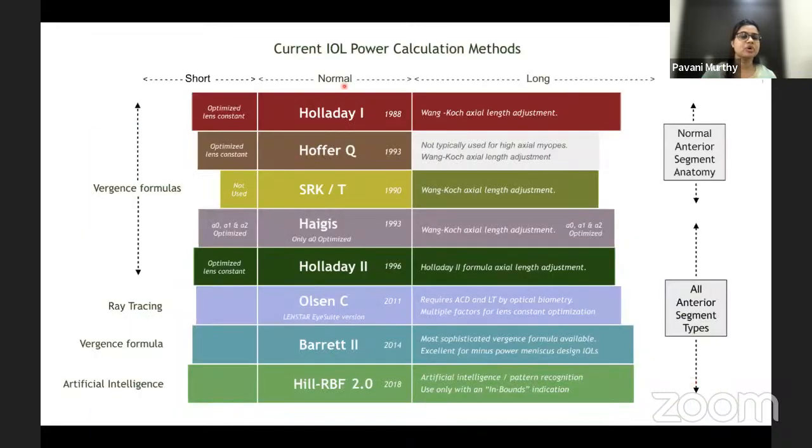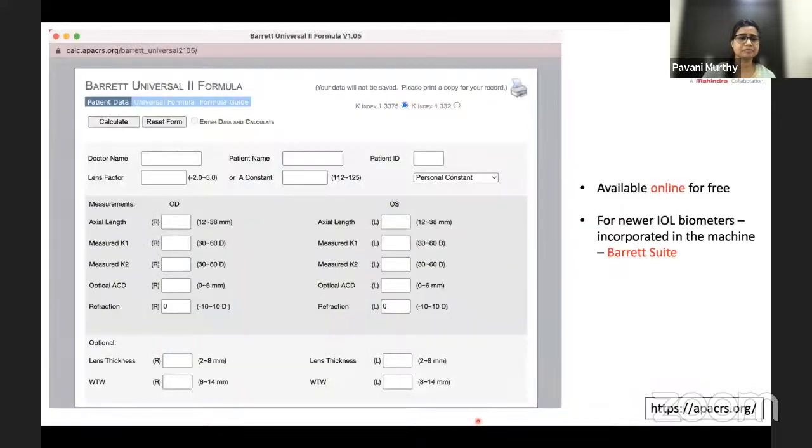Now, when you come to normal axial length, almost all the formulae give pretty good accuracy. But if you go to longer axial length, many of the earlier formulae use Wang-Koch axial length adjustment to give accurate readings. If you look at the newer formulas like the Barrett or the Hill RBF, these are really good at not just the normal but also at the short and the long axial length.